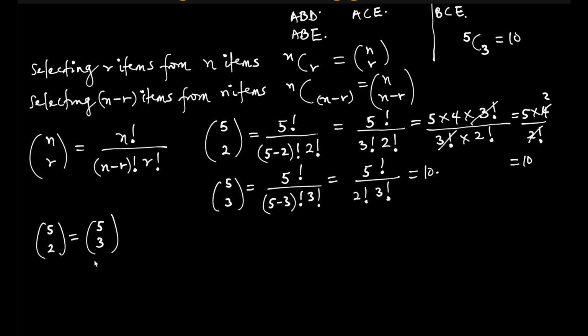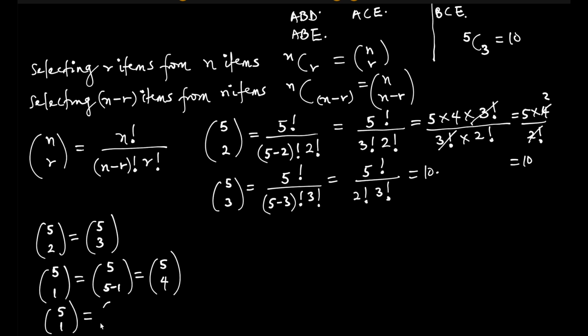Now by that reasoning, 5 combination 1 is the same as 5 combination 5 minus 1, which is 5 combination 4. Okay, so I can say that 5 combination 1 equals 5 combination 4.